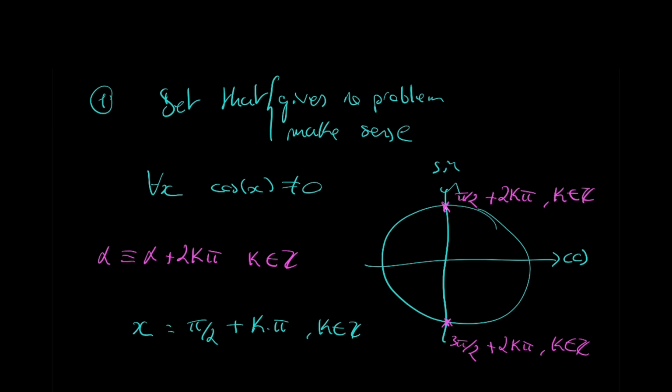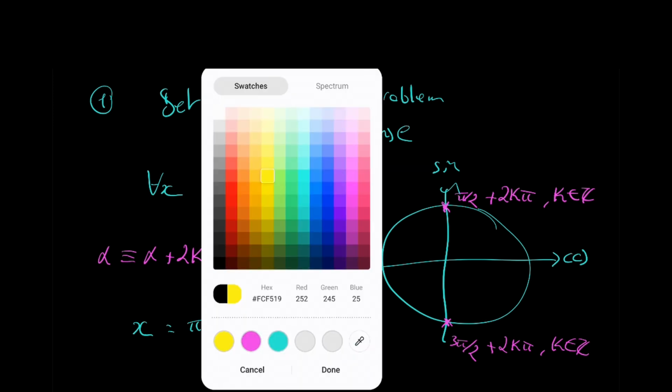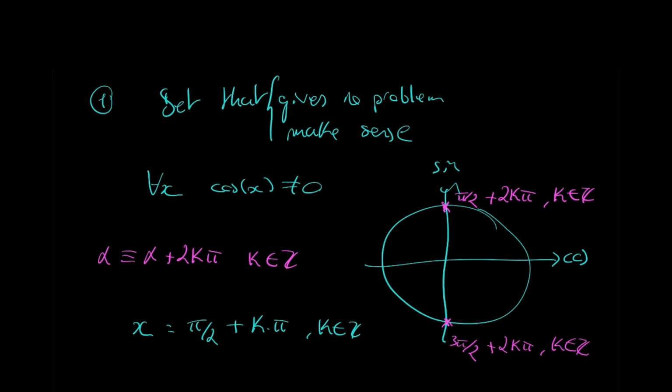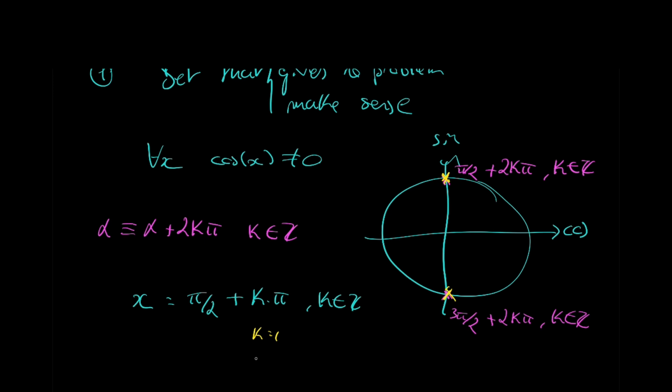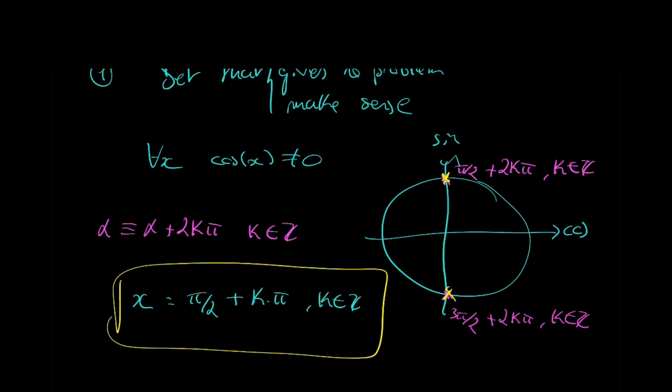That means that I've got pi over 2 and then sometimes either positive or negative half a circle. If I start at pi over 2, I can add pi, and here k will be equal to 1, but I can also subtract pi, so k is equal to minus 1, and I will come to minus pi over 2. I can repeat this process as many times as I want.